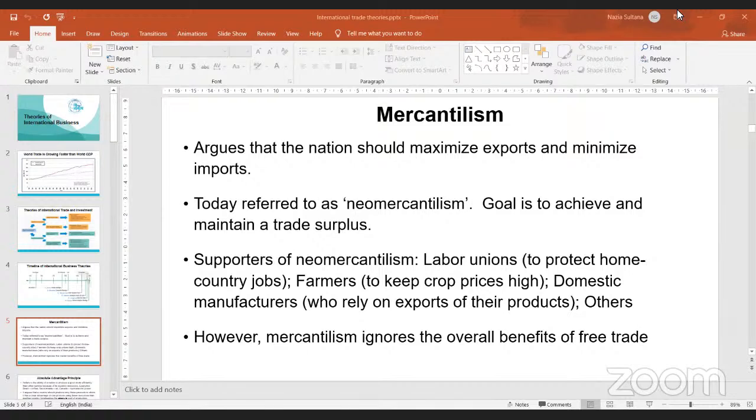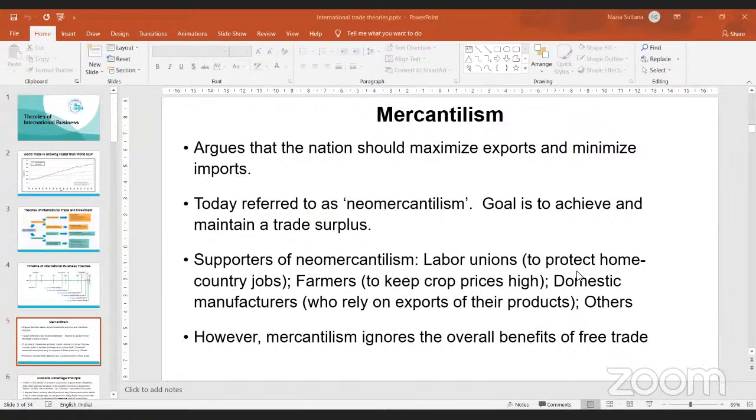And the people who supported this idea of mercantilism were people from labor unions, because they wanted to protect jobs in their own country; farmers, because they wanted to keep the prices of commodities high so that they could be sold high in the international market; and manufacturers who were producing domestically, because they wanted to sell their products through export in other markets.